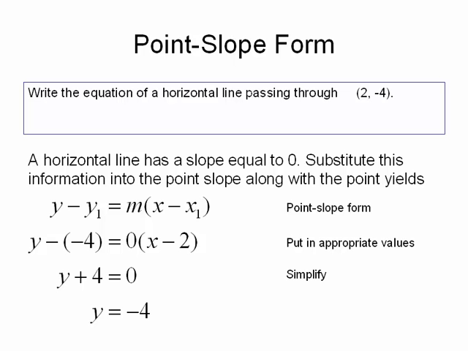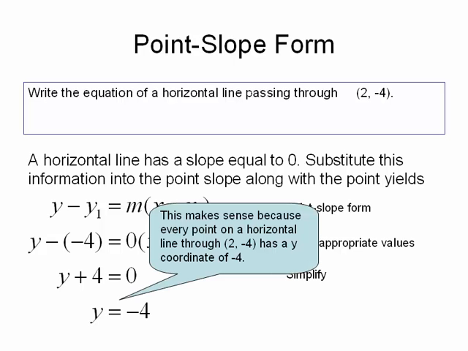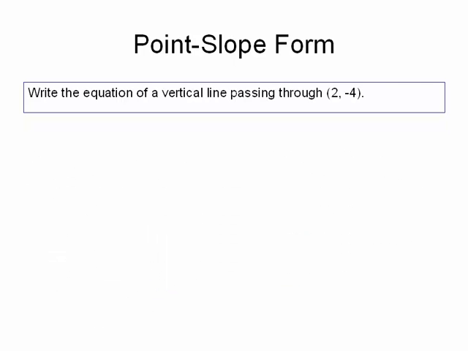If we go ahead and simplify, everything on the right-hand side will become 0. And if we subtract 4 from both sides, we get y equals negative 4. This makes sense because every point on a horizontal line through (2, -4) is going to have a y-coordinate of negative 4. If you just draw it, you'll be able to see that.